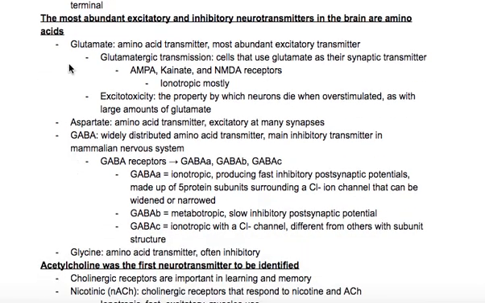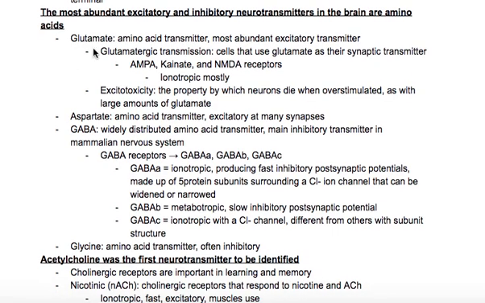The next section is titled Most Abundant Excitatory and Inhibitory Neurotransmitters in the Brain are Amino Acids. And those, as we stated earlier, were glutamate, GABA, glycine, and also aspartate, which is an added one that we didn't discuss earlier. Glutamate is an amino acid transmitter, and it is the most abundant excitatory transmitter.